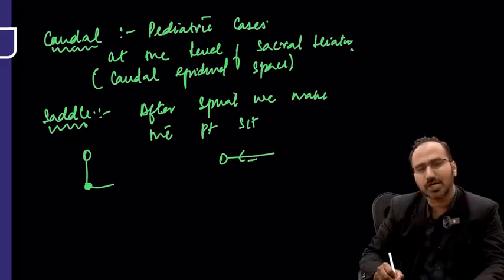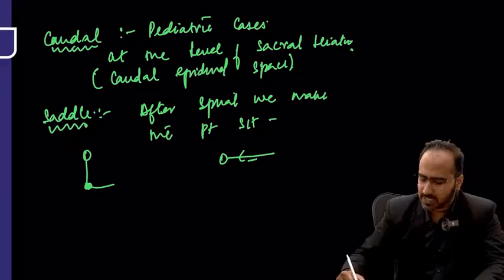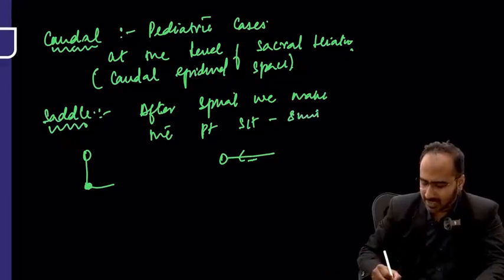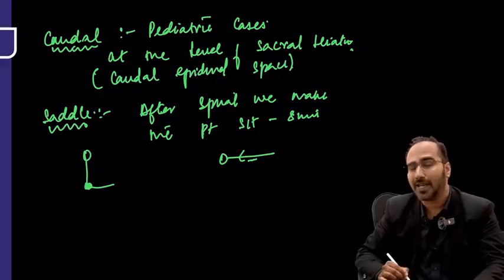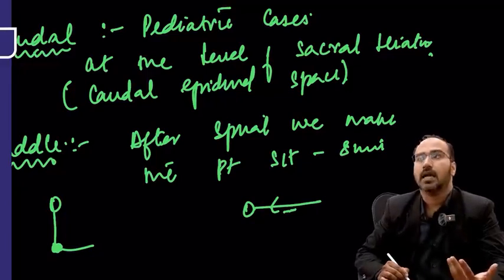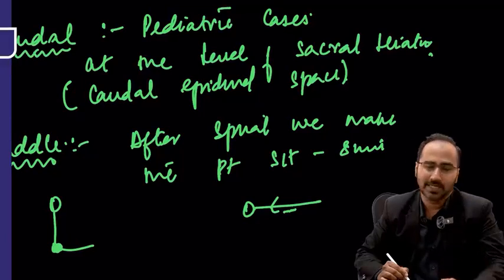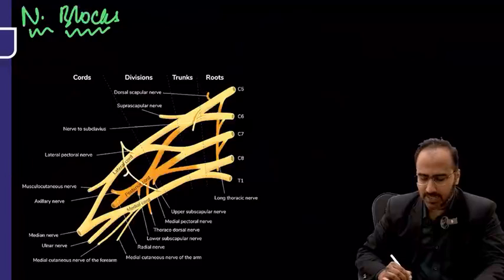That is called saddle anesthesia. So after giving spinal anesthesia, we make the patient sit for 8 minutes so that the drug acts at the bottom. That is used for surgeries of the perineal area, like anal fissure surgery, fistula surgery, and hemorrhoid surgery. This was regarding the central neuraxial block.